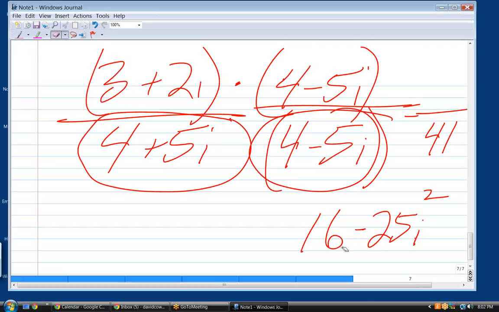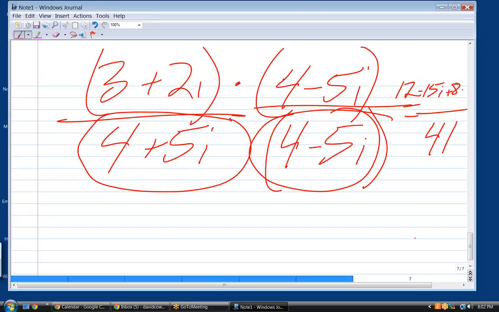Well, let's do that real quick. 3 times 4 is 12 plus minus 15i plus 8i minus 10i squared. Notice the i squared is always going to turn into minus 1.